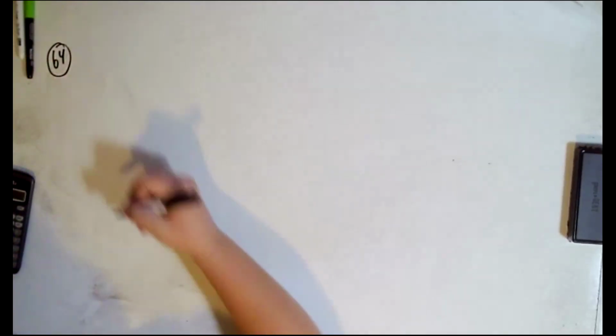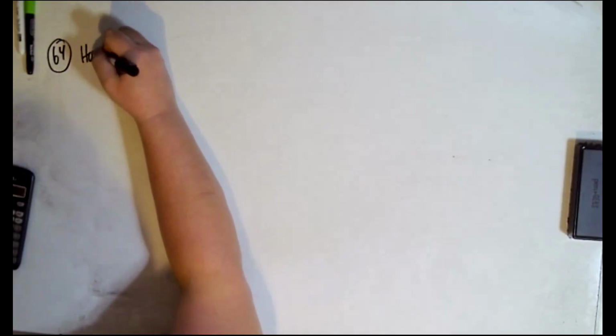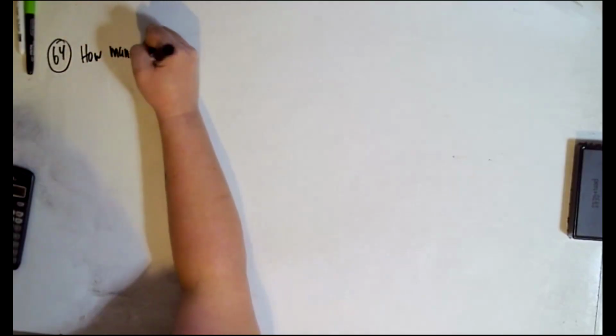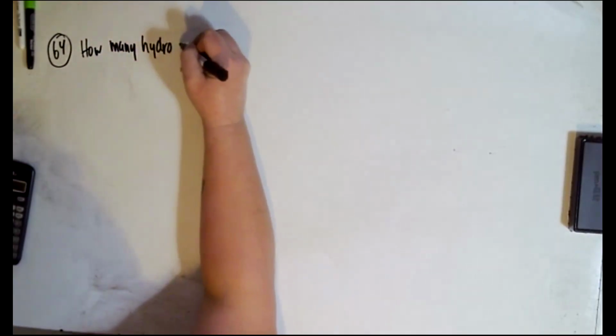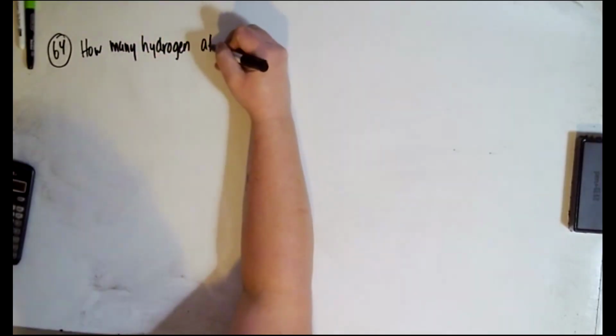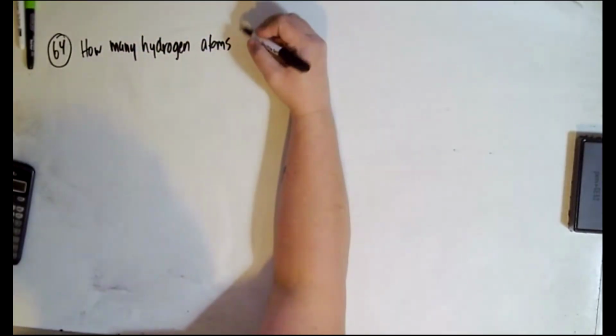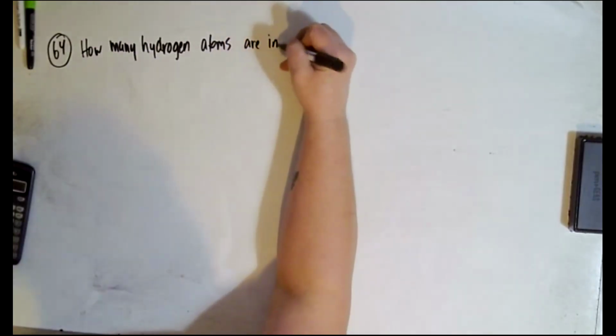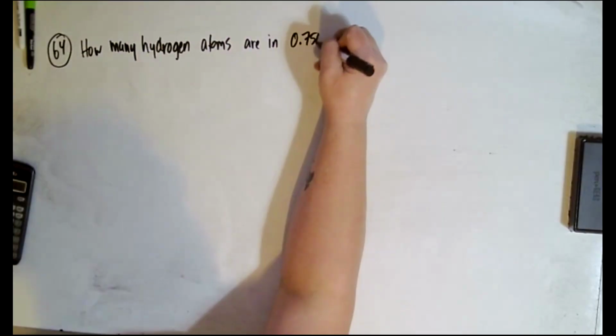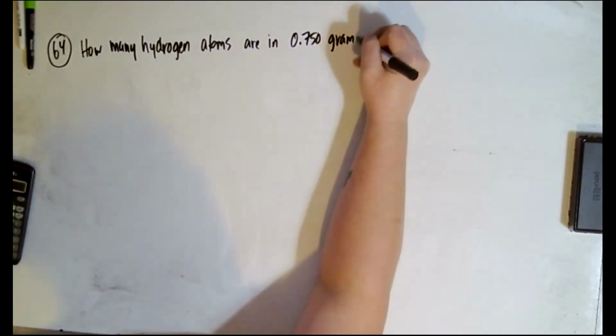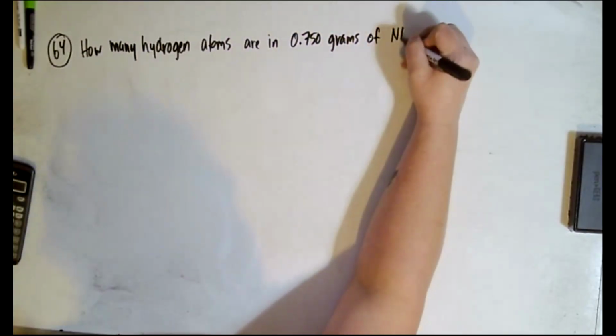Question number 64 is how many hydrogen atoms are in 0.750 grams of NH4Cl.